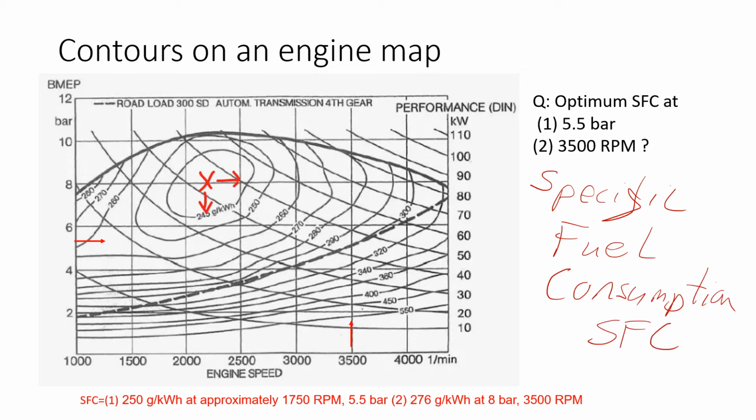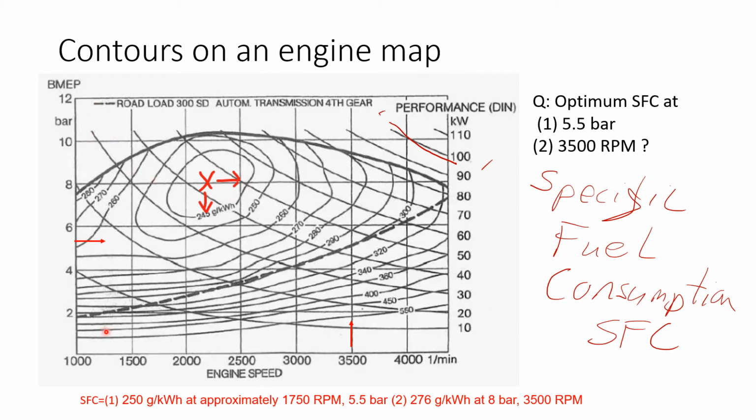And please ignore these lines which are moving from top left to bottom right. We're going to focus on these squashed circles. These are contours, and these are the lowest. These are contours of specific fuel consumption.